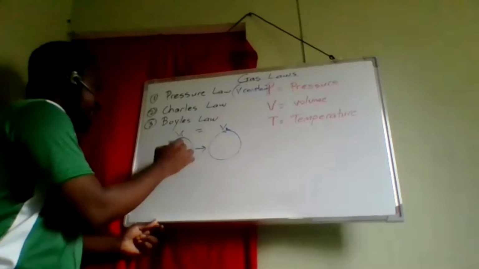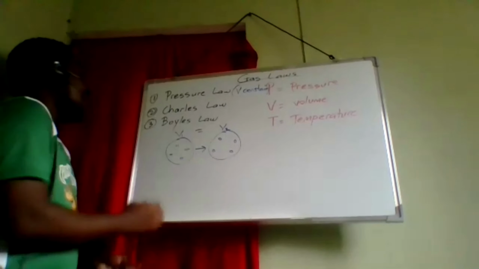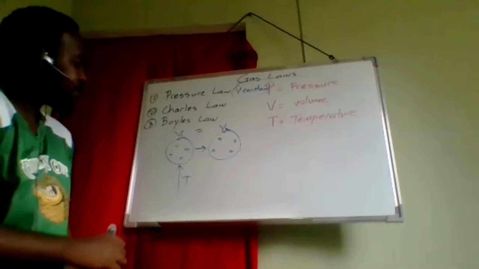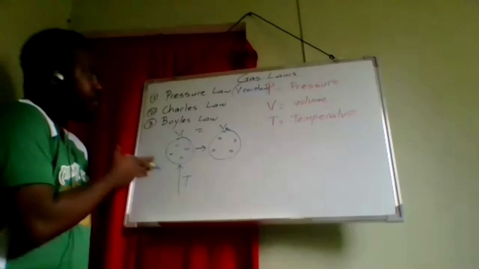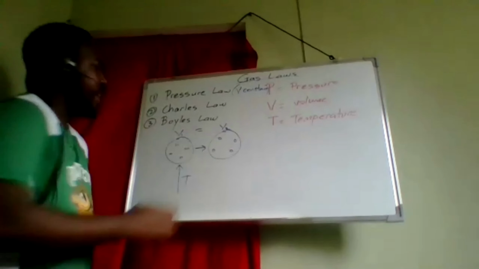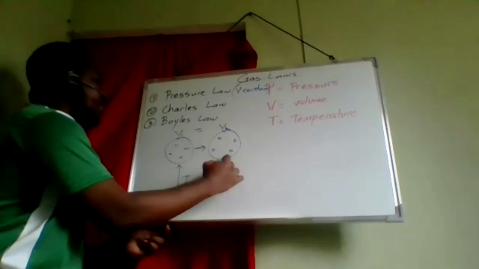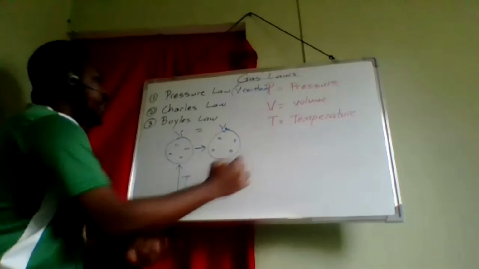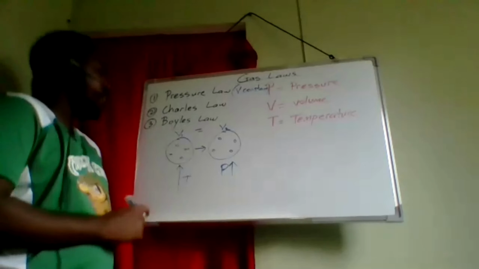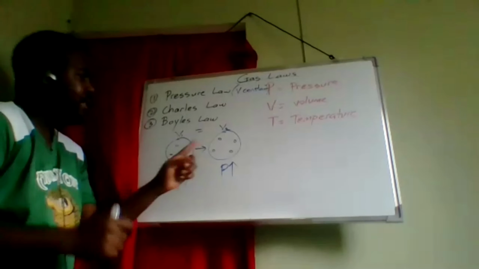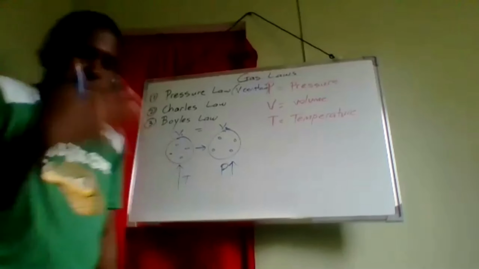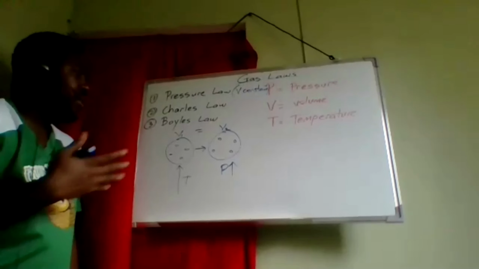We have the gas particles there. It's saying that if temperature increases, then the pressure that the gases will exert will also increase, right? So for pressure law, if temperature increases, then the pressure that the gas particles exert will also increase.